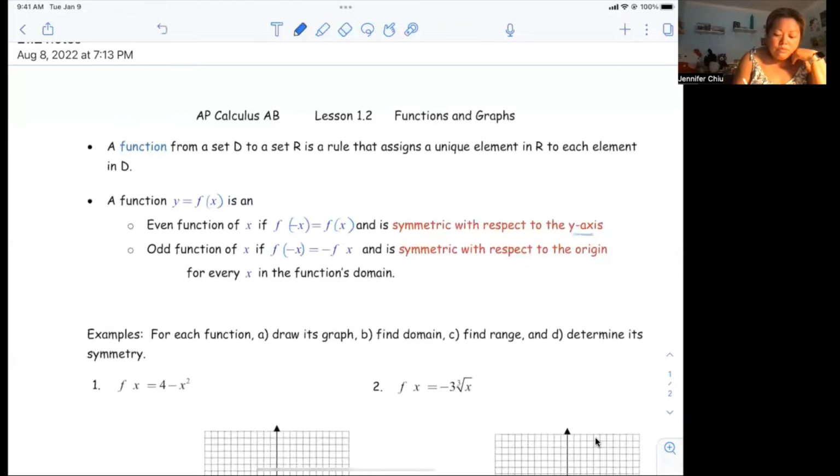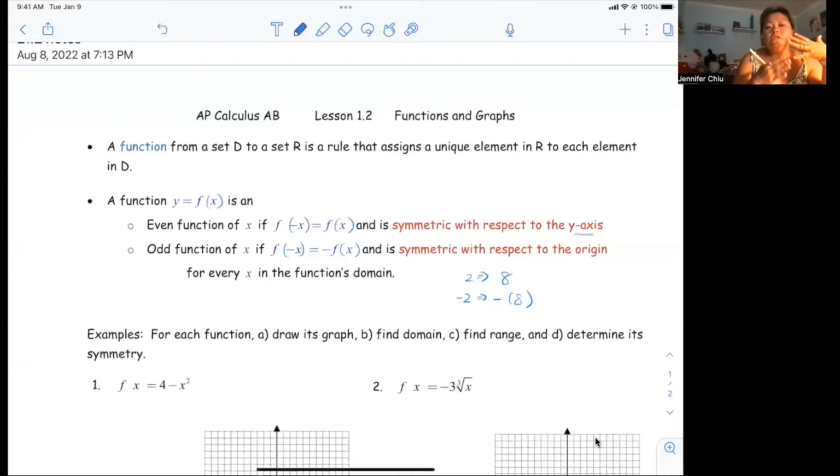An odd function is when you plug in the negative x, you get the same value but a negative value outside. That sounds a little convoluted, but what does it mean? It means that, for example, if you plug in a +2, you get a +8, but when you plug in a -2, you get a -8, right? So the negative is on the outside.